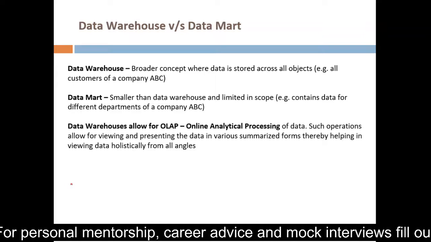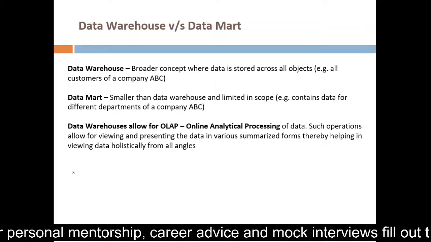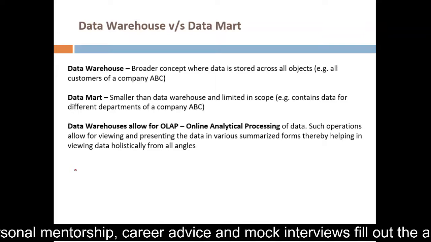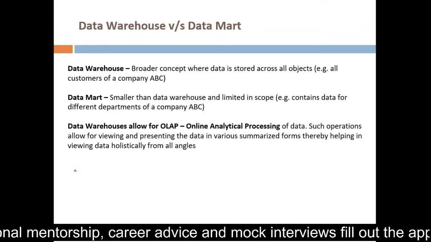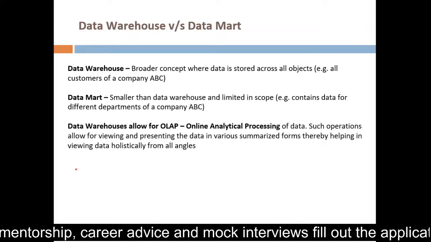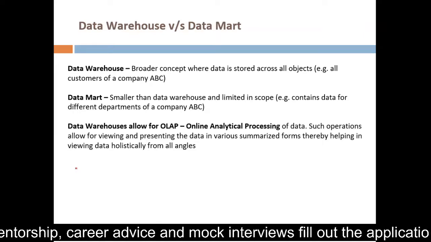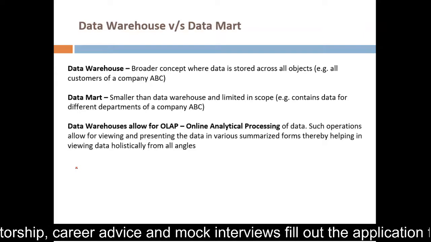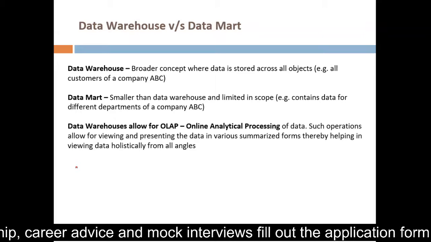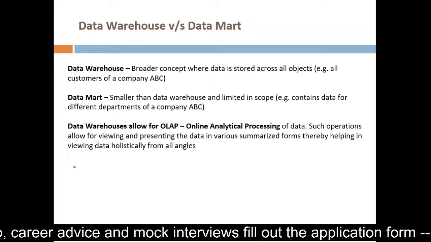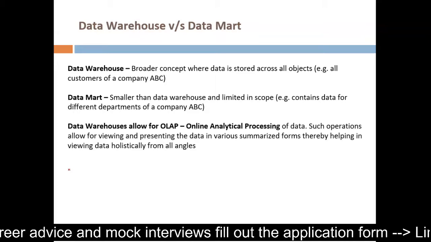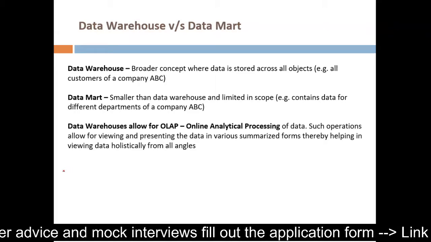On the other hand, if you are looking at data which is more limited in scope, for example different departments of a company, maybe the apparel business unit or the fashion accessories, whichever department you're looking at in a smaller isolated way, then a data mart is more appropriate.